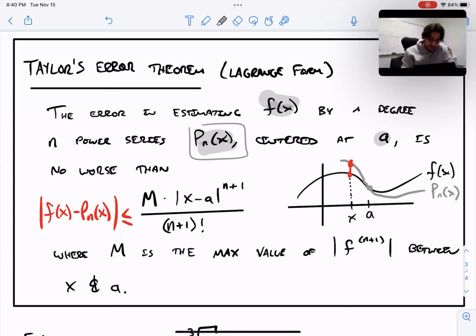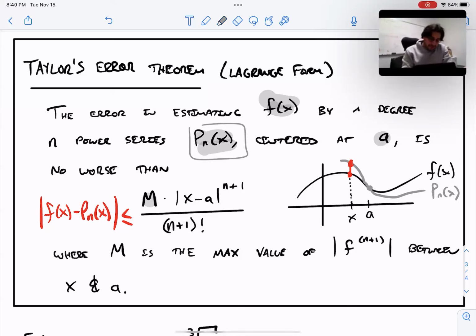This n plus 1 factorial in the bottom is nice: it says that as n grows, typically the error will go down, because factorials grow really quickly. That error will decrease as n increases.